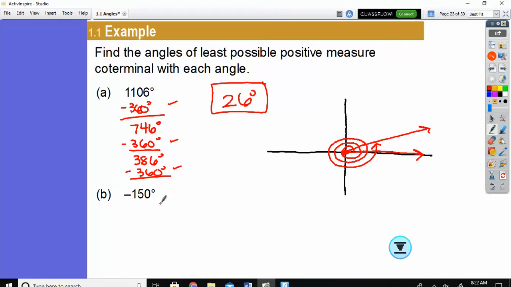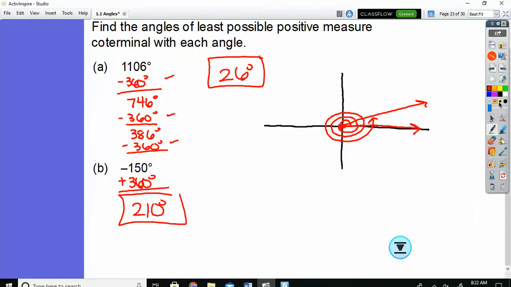Negative 150, what would you do for that? And what's that give us? 210. Good. And that's between 0 and 360, so we're done. If I asked you to draw that, 210 is in what quadrant? Third, because it's between 180 and 270.